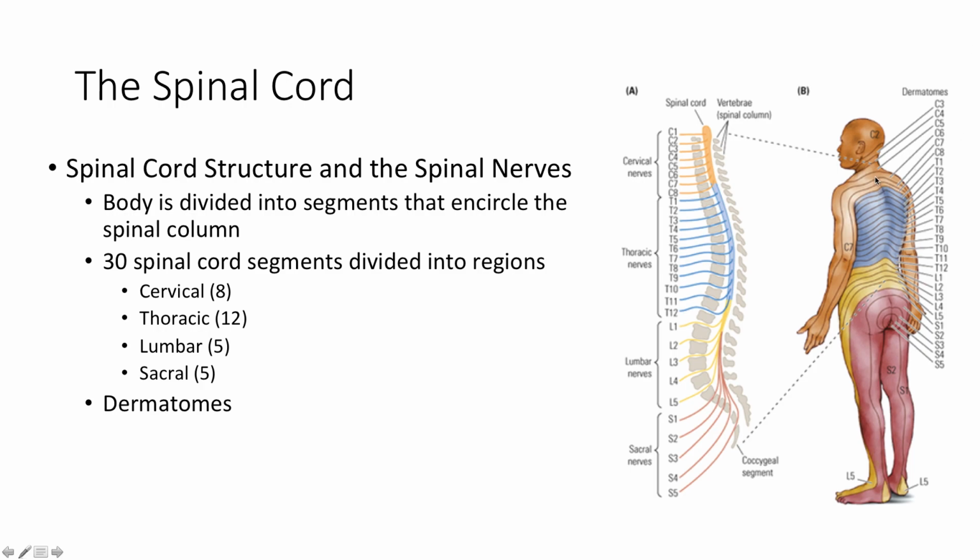So all the nerves in the spinal cord, for example, let's say T7, will take all the sensations from this little layer and send them to the brain. Or if the brain sends information to move these muscles, then this is the dermatome for this section of the spinal cord.